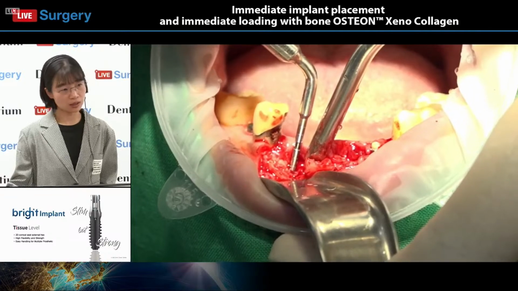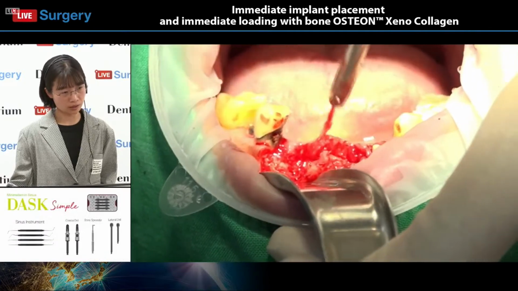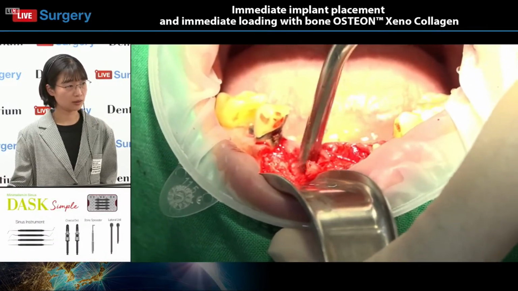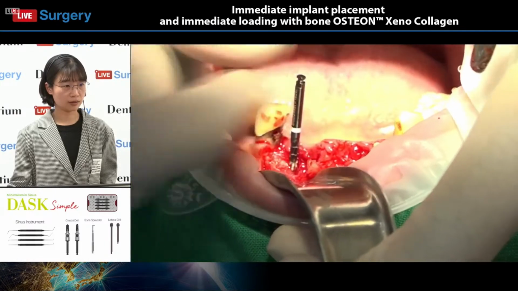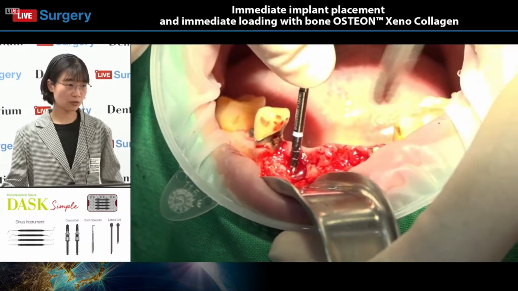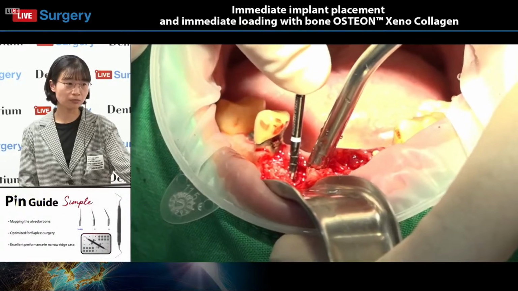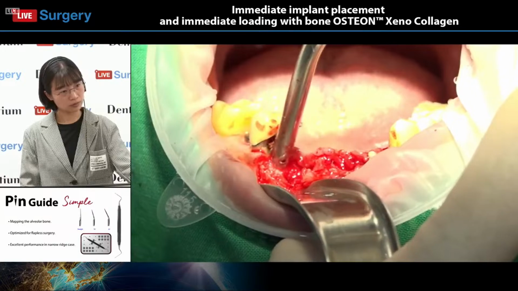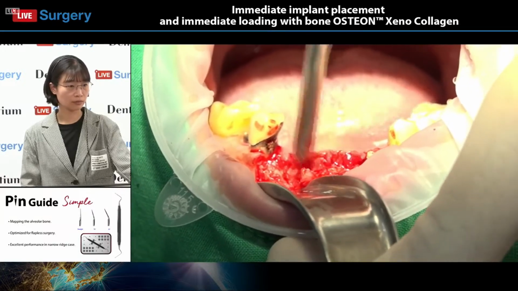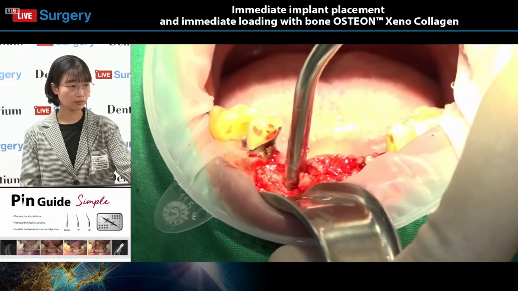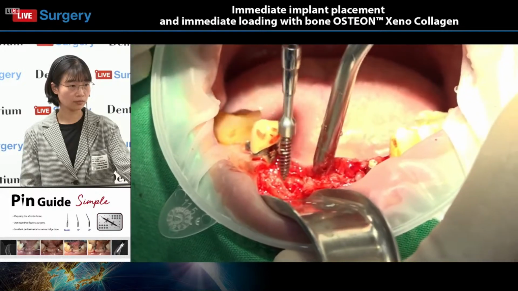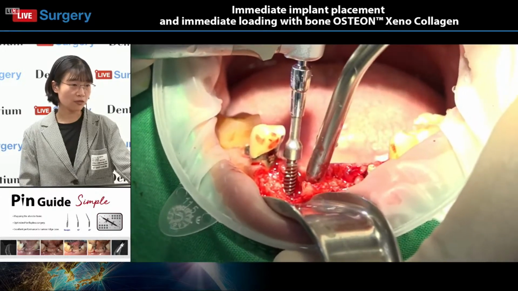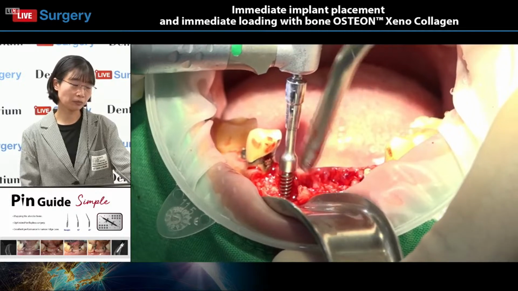Check the depth again with the depth gauge and also the drill, and place the implant again.